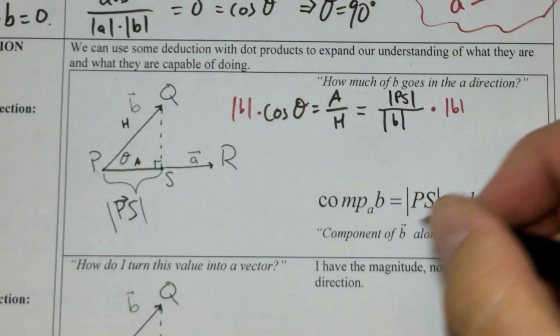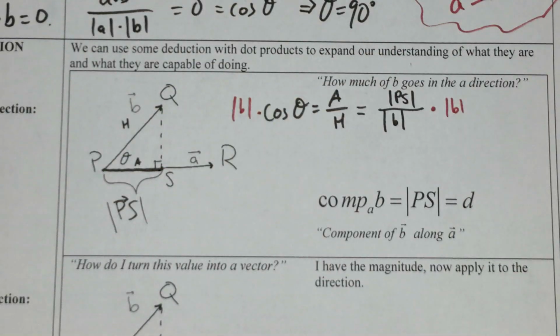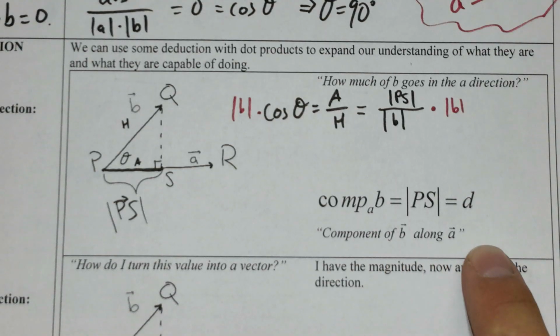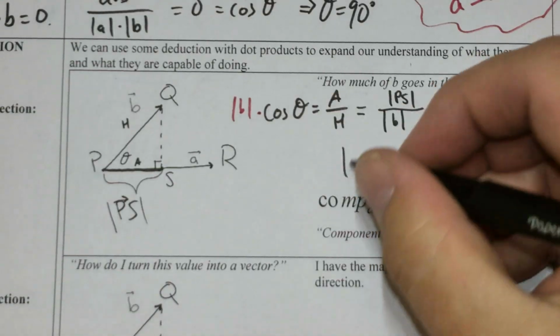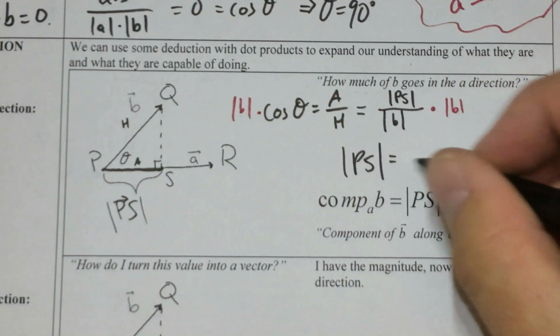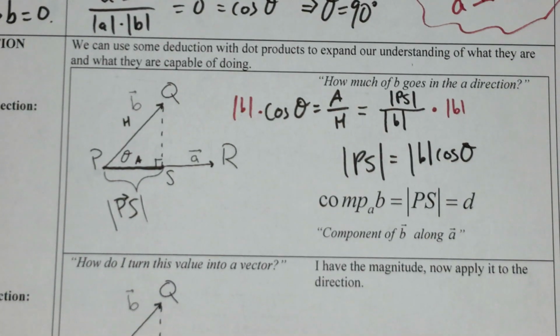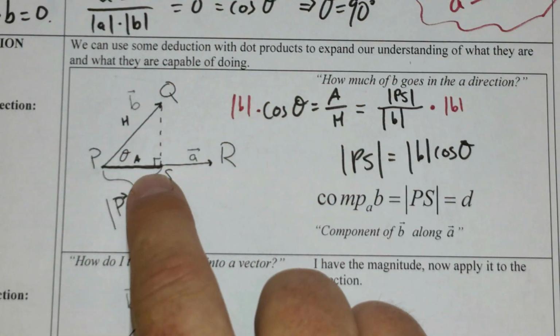And now I have that PS, or this distance at the bottom, the amount of component B that goes along A, the amount of B that goes in the A direction is this. The magnitude of B times the cosine of theta. And hopefully that makes sense for you, because the cosine is my horizontal component.